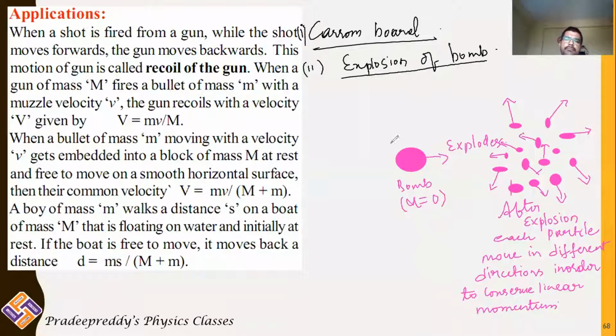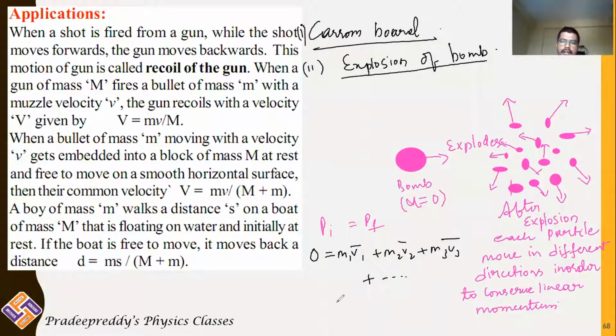Like for example, what is P initial? P initial should be equal to P final. What is P initial? 0, because the bomb is in the rest position. What about the final momentum? After explosion, each particle will be moving in different directions. So I will write it as m1 v1 bar plus m2 v2 bar plus m3 v3 bar, and so on, and this total should be equal to 0.